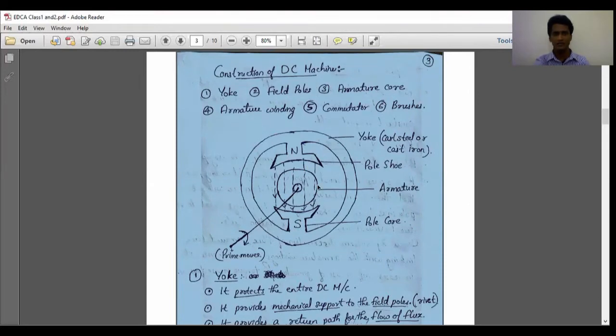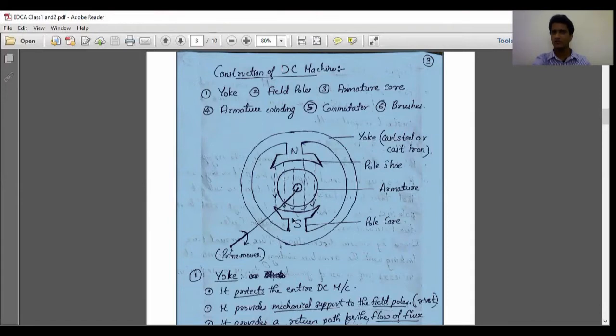It is the pole core on which field windings are wound, and in the middle of two poles there is an armature. See one thing, it's just an example of a two pole machine, north pole, south pole, a total of two poles, and the number of poles can increase beyond two. It can be 4, 6, 8 or anything. It's just an example case, don't think that every machine is a two pole machine.